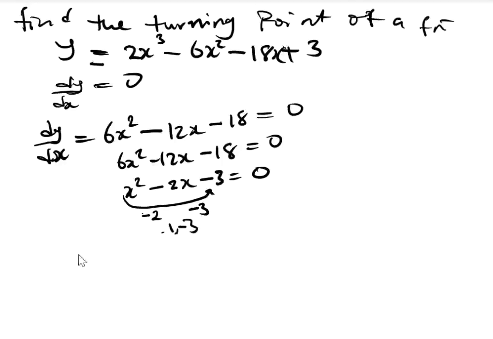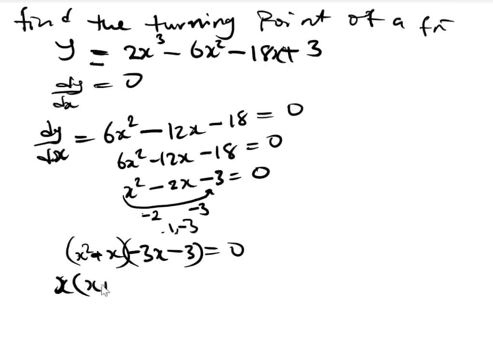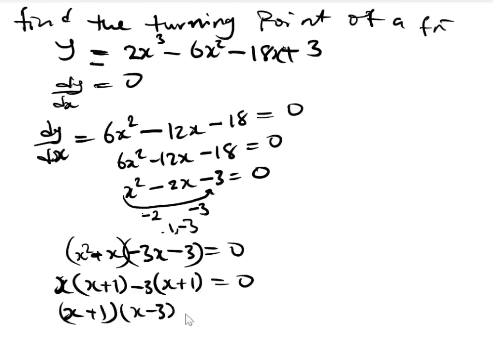Therefore, our expression is x squared plus x minus 3x minus 3 is equal to 0. If I factor out x, I will have x times x plus 1. If I factor out minus 3, I will have x plus 1, and this is equal to 0. x plus 1 and x minus 3 are the factors.